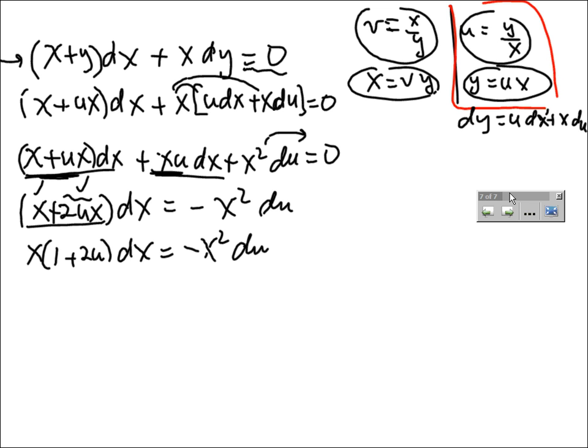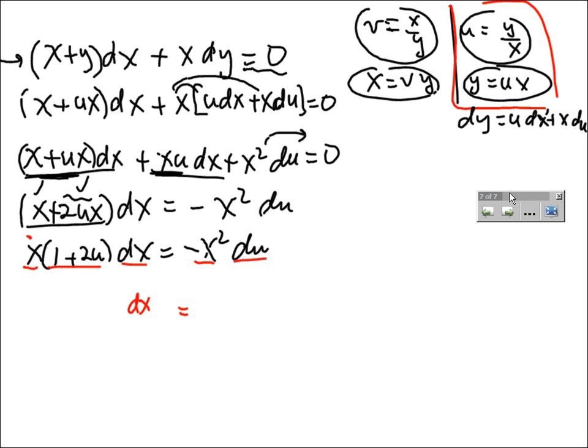The factors are the things that are being multiplied. It's x times (1 plus 2u) times dx equals negative x squared times du. Everything underlined either just has x's or just has u's.